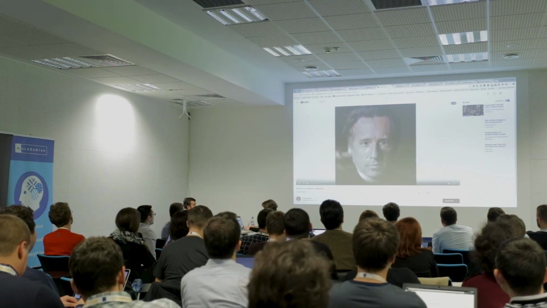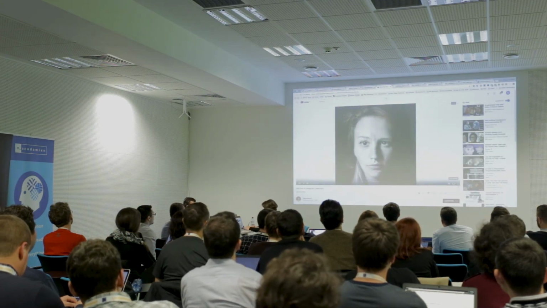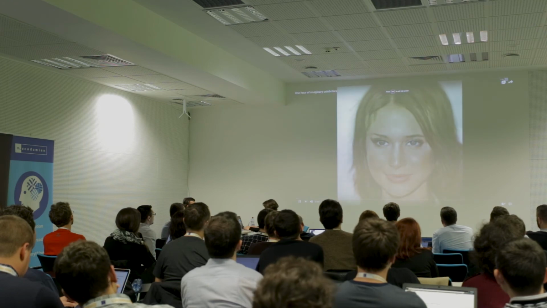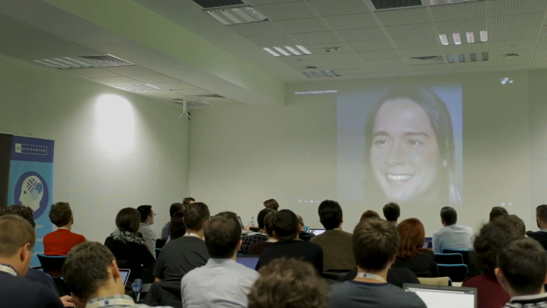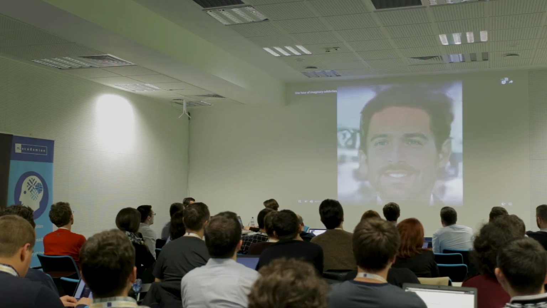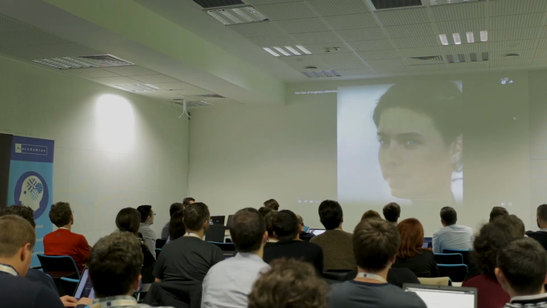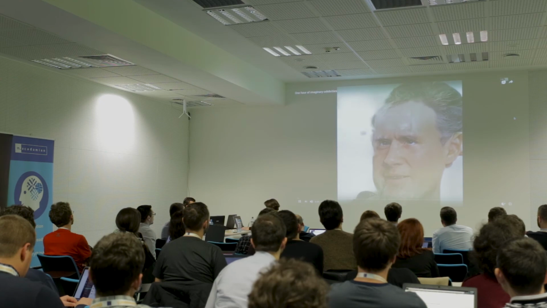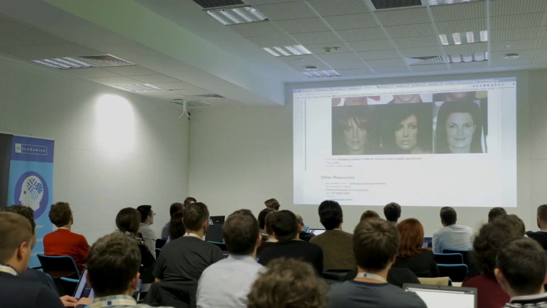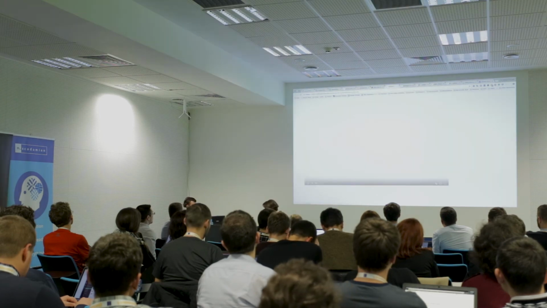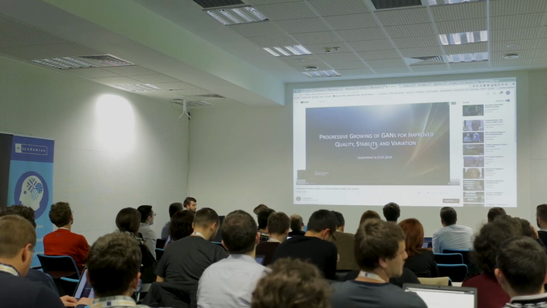Look, this is the actual training of the generator. Okay, that's too fast. So this is how it's able to learn over time, but this is after quite a lot of time. I mean, it took weeks.